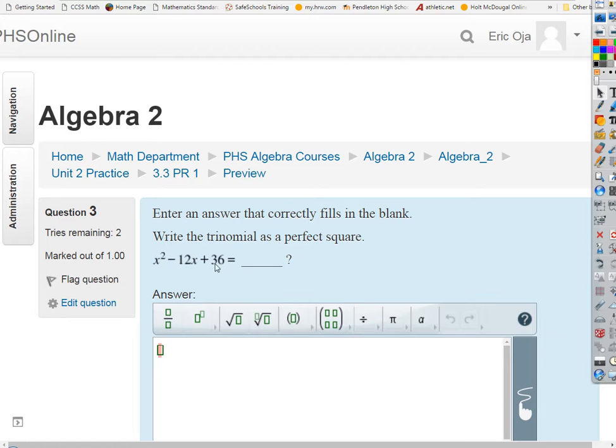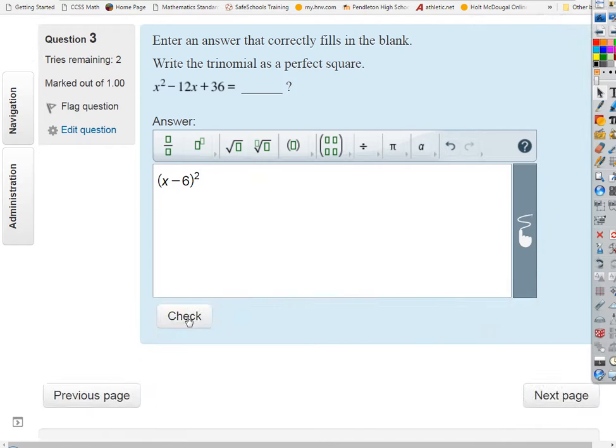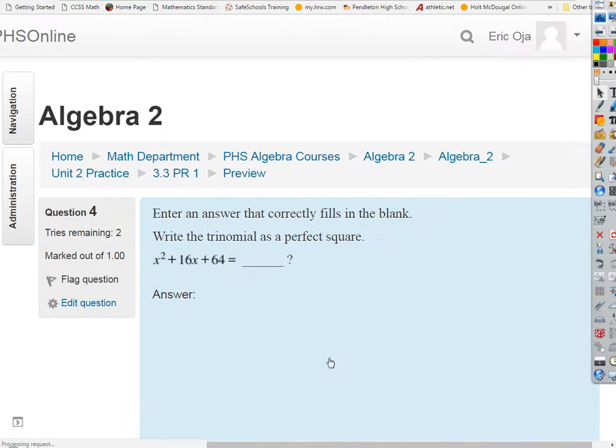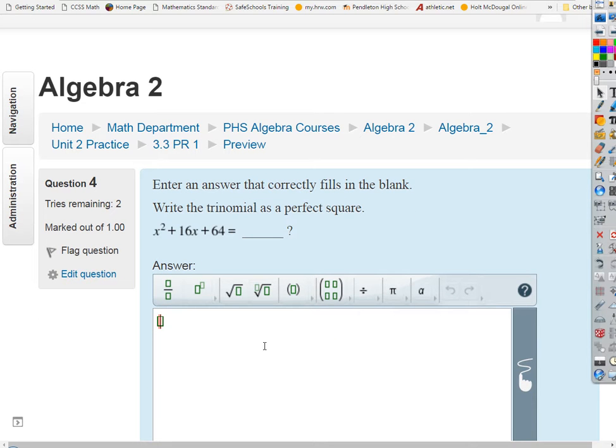Two numbers that multiply to 36 and add to negative 12 would be negative 6 and negative 6, so I get x minus 6 quantity squared. And then numbers that multiply to 64 and add to 16 would be 8 and 8. So we'd get the quantity x plus 8 squared.